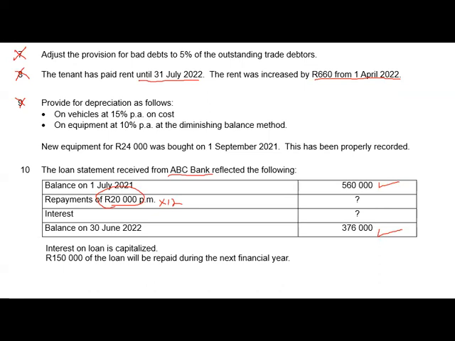Oh, here's what I missed. They say 150 of the loan will be repaid during the next financial year. So what that tells me is that 150 is the current portion of the loan. So I will need to go to my loan amount. And at the moment, how much am I owing for this loan?